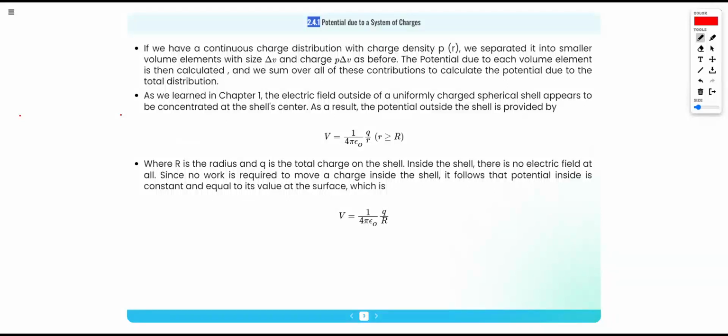So the first thing, in this question you have two charges. One is positive, 3 into 10 raised to minus 8 coulomb. Another one is negative, minus 2 into 10 raised to minus 8 coulomb.